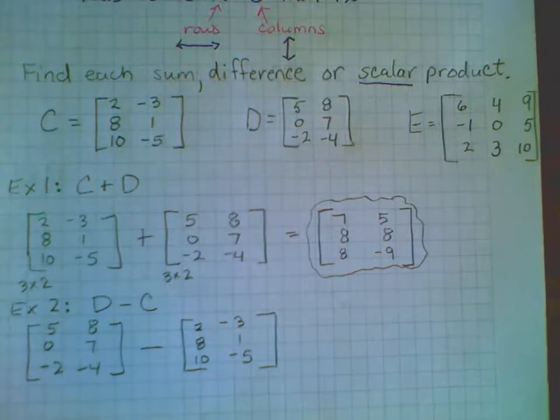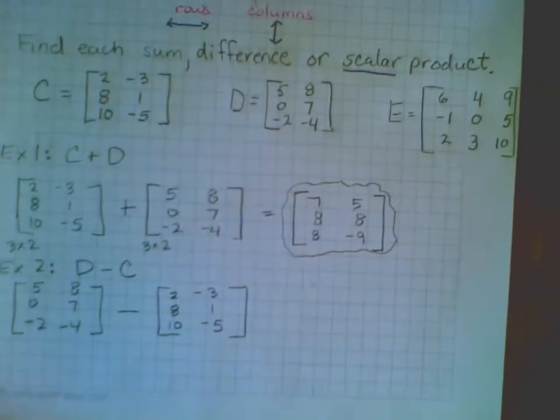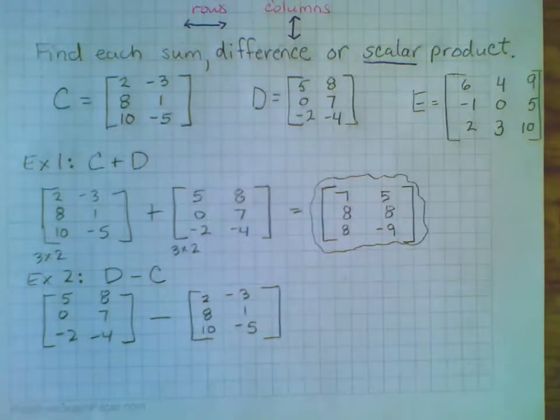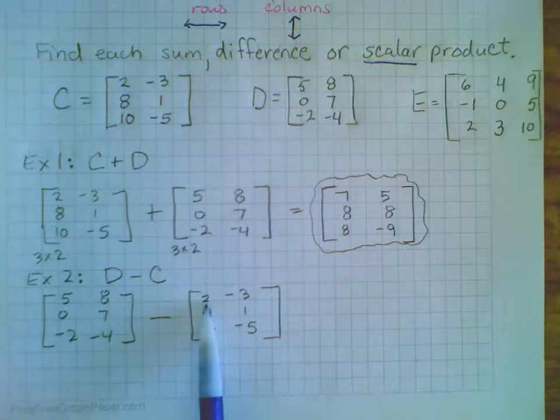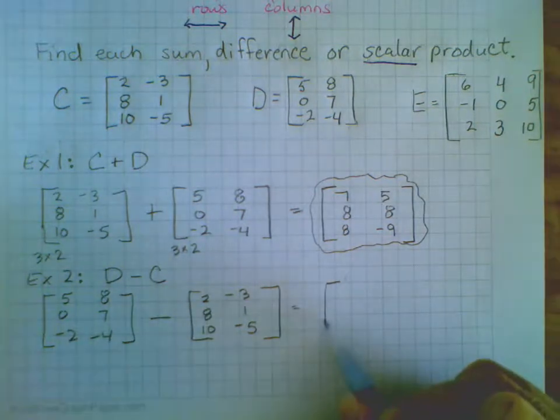Now we're going to do the same thing, except we're going to subtract each entry that aligns. So for example, I'm going to do 5 minus 2.